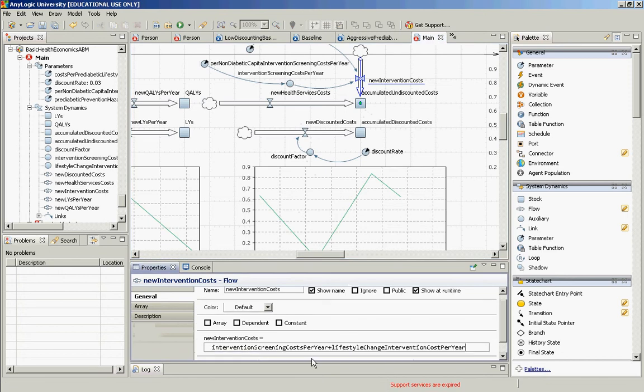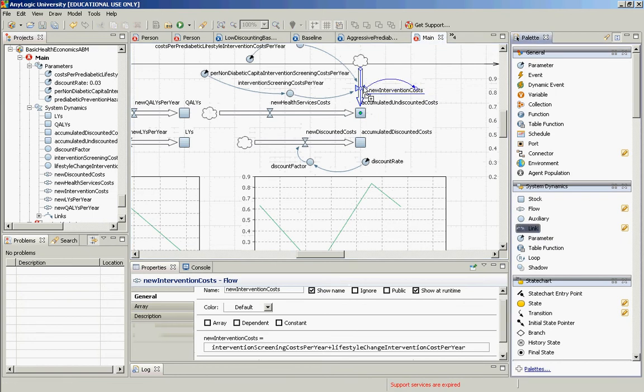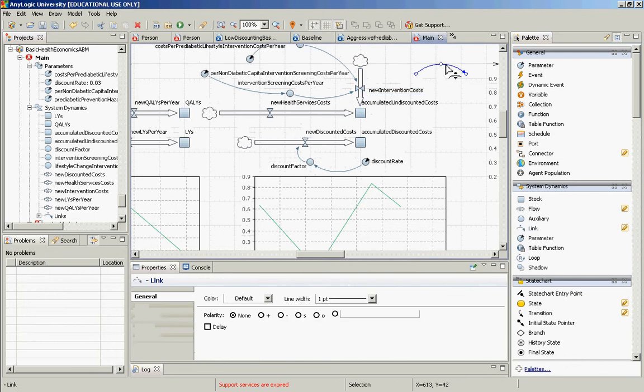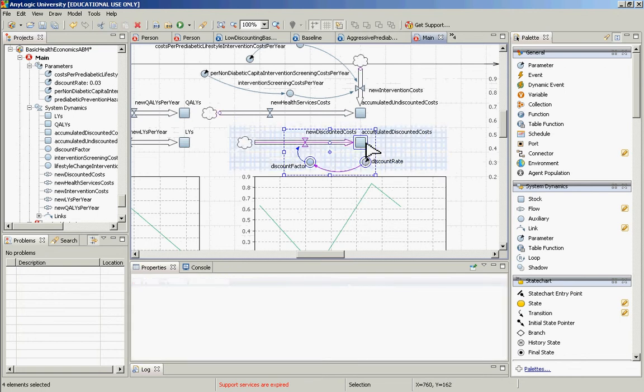So again, I would do this differently if I were building this model for longer term use. But I think what I'll do is support a second flow in to this accumulated discounted costs, similar to this second flow in above, where we're taking into account intervention costs.